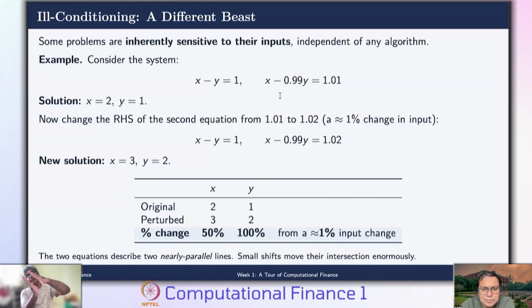They're meeting somewhere, but because they are almost parallel, these kinds of situations are called ill-conditioned problems. And if you are trying to find a solution of an ill-conditioned problem, it's a really difficult problem actually.